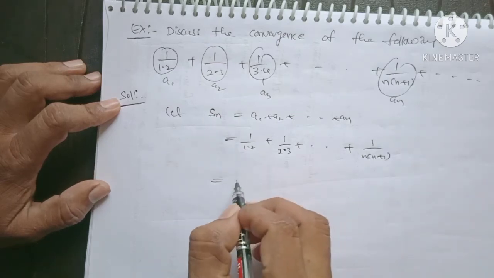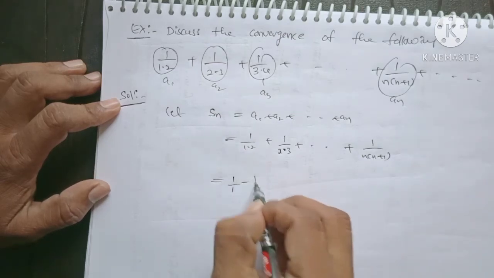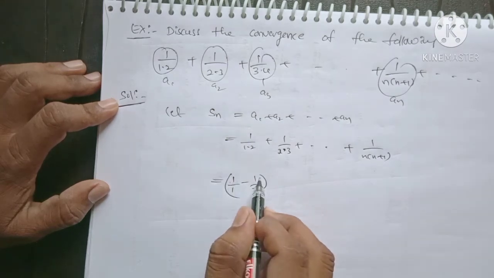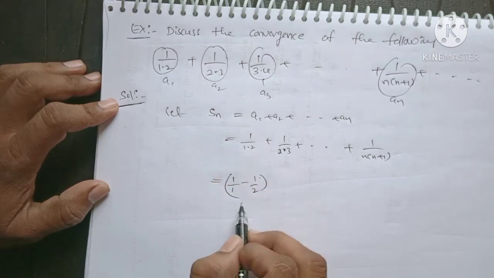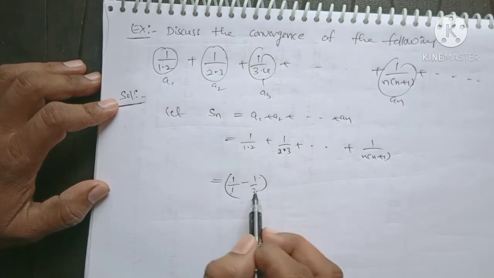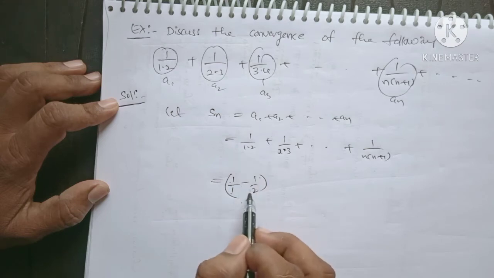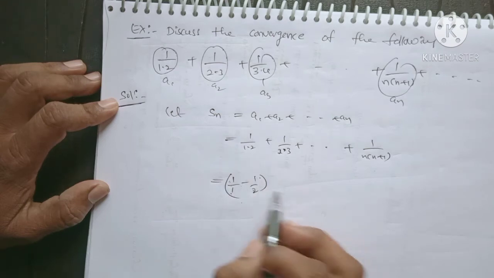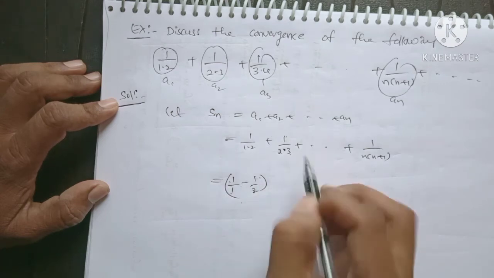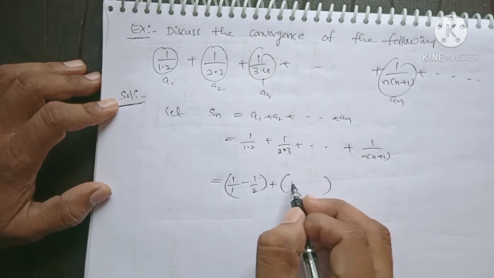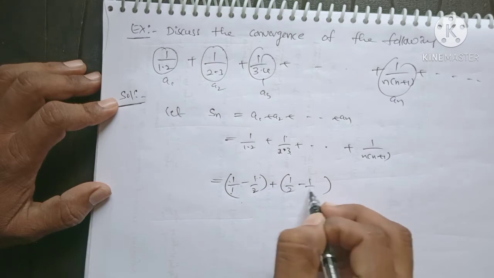I am writing 1 by 1 into 2 as 1 by 1 minus 1 by 2. You see here, LCM is 2, 2 minus 1 by 2 is nothing but 1 by 1 into 2. Here 1 by 2 into 3 means 1 by 6. I can write this, with the same meaning, as 1 by 2 minus 1 by 3.